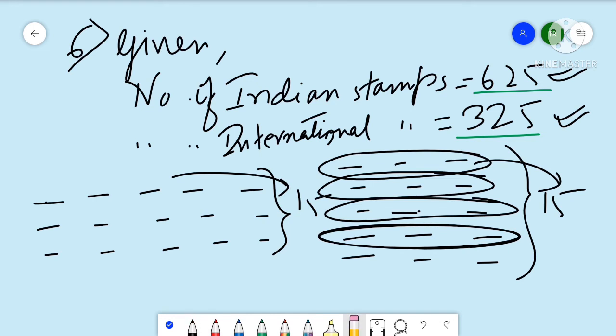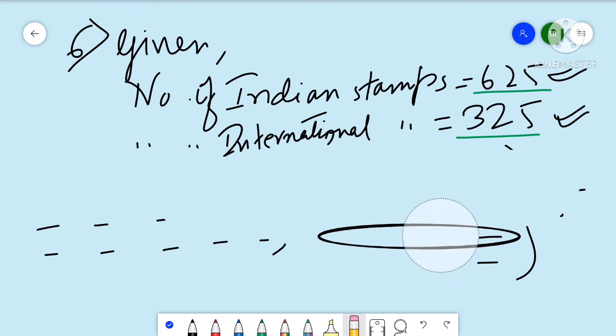So what we are going to do here, we need the highest number of groups possible, right? So how to find the highest number of groups? In order to find the highest number of groups, we need to find the highest common factor, that is the HCF. So how to find the HCF?